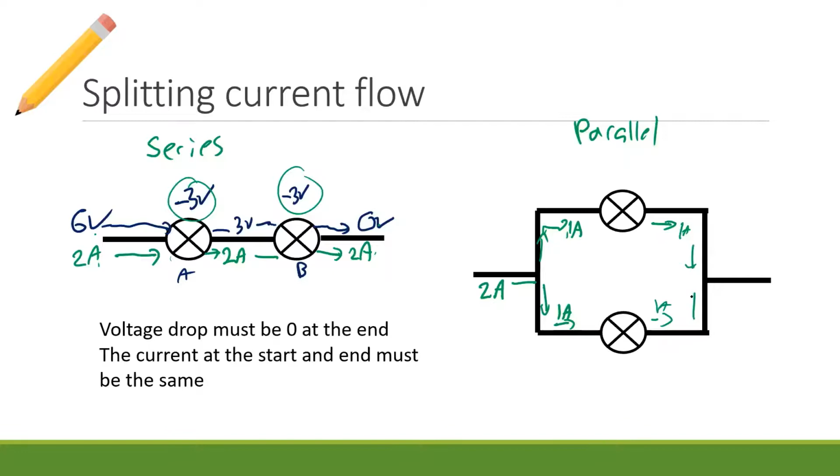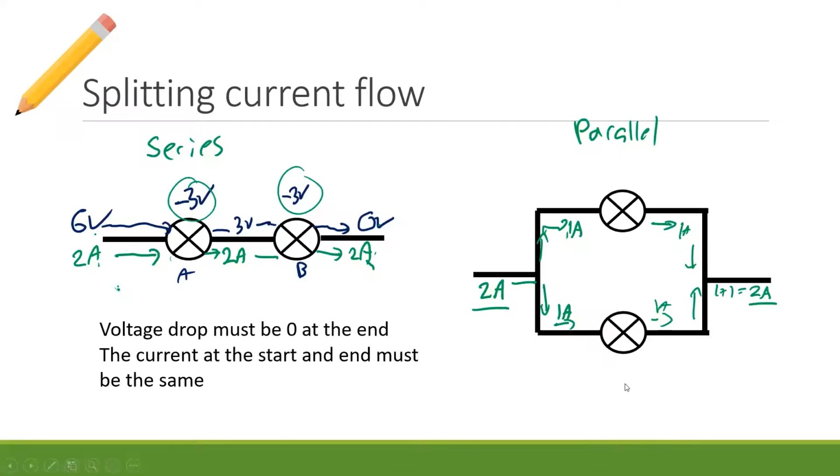And then when it gets back together, we're going to have 1 plus 1, which is 2 amps at the end. So it's just like in the series circuit, 2 amps at the start, 2 amps at the end.